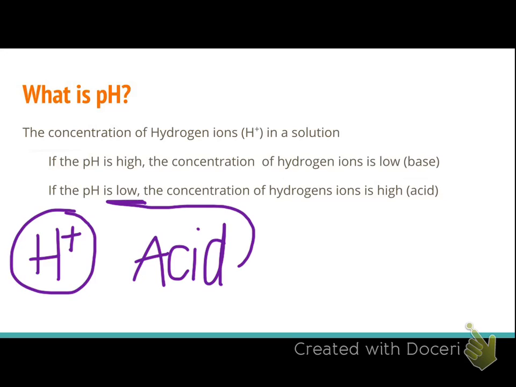If I don't have very many H pluses, meaning it's a low concentration, then my pH is going to be high, so then it's going to be a base. It seems backwards, but when you think about it in terms of looking back at your Arrhenius theory and then looking at what you know your values to be for pH for acids and bases, this kind of makes sense from there.